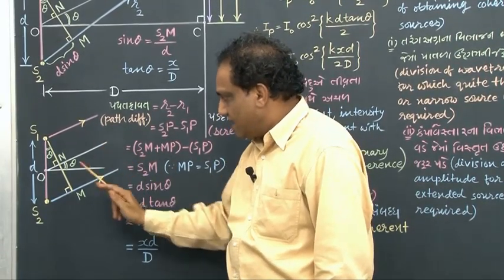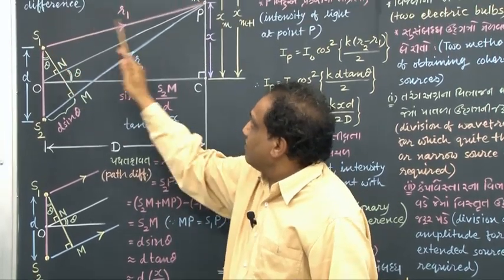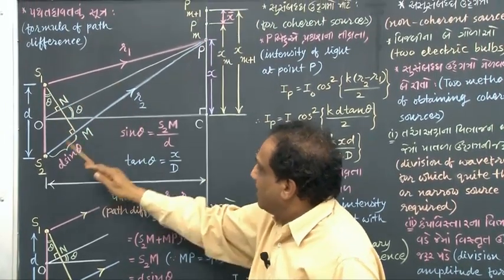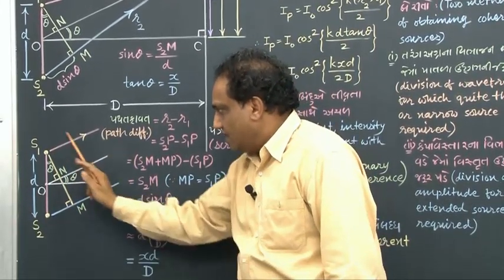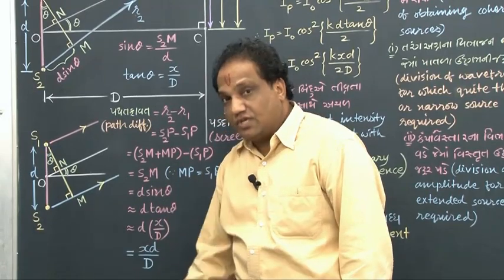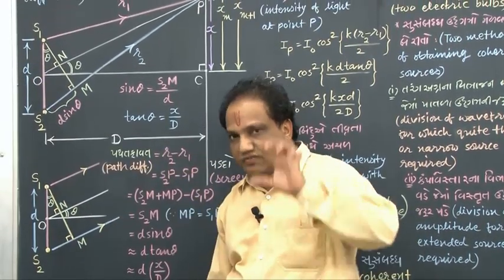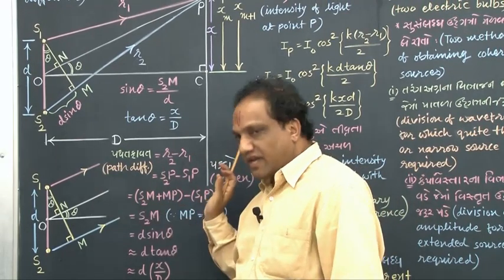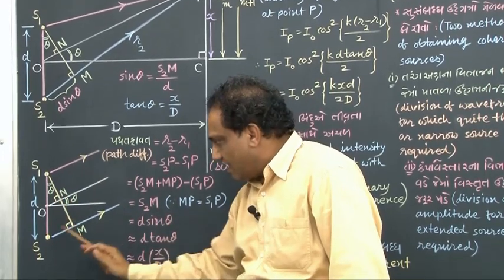These two are light rays, and this is the line segment OP. S1P, OP, and S2P are nearly parallel in the region near the sources. You know why? Because small d is very small, capital D is very large. So the situation is that these three are nearly parallel.